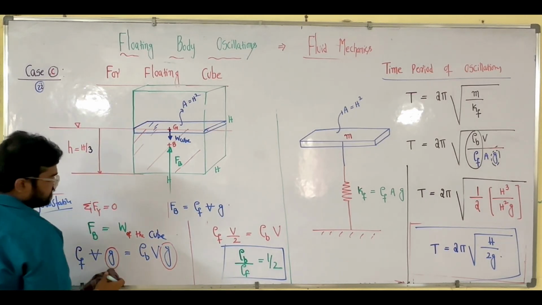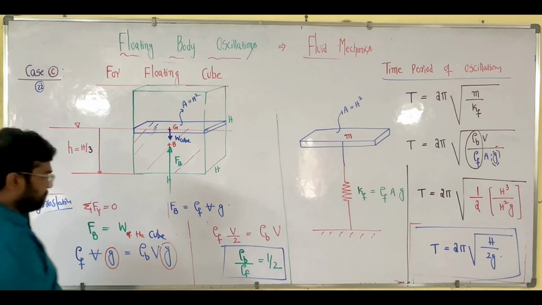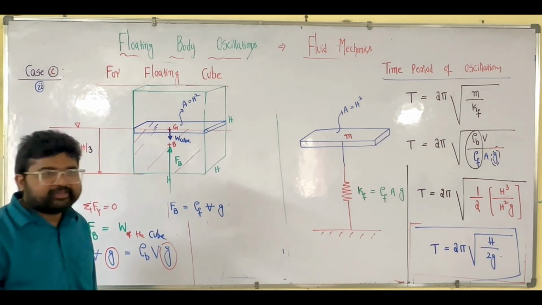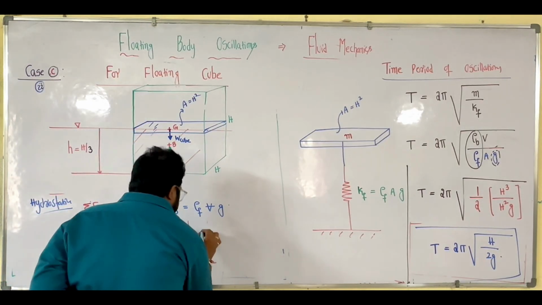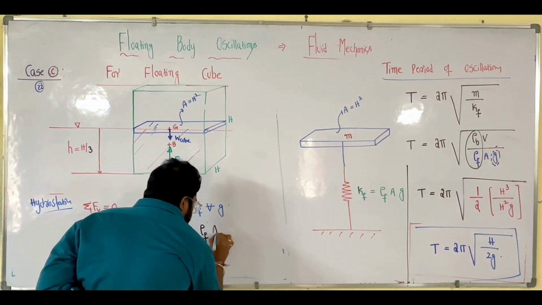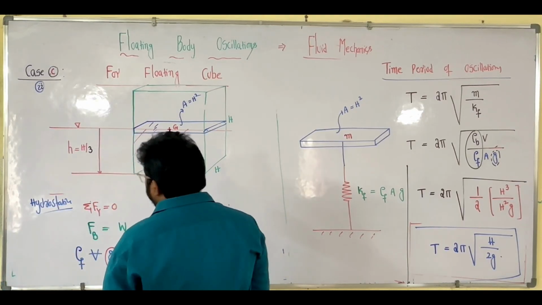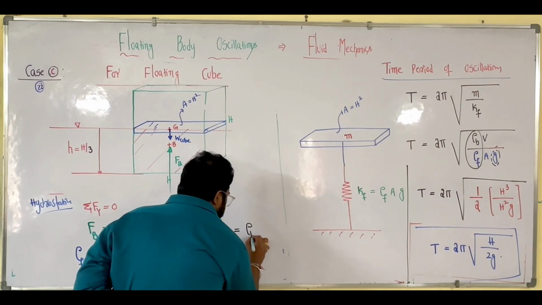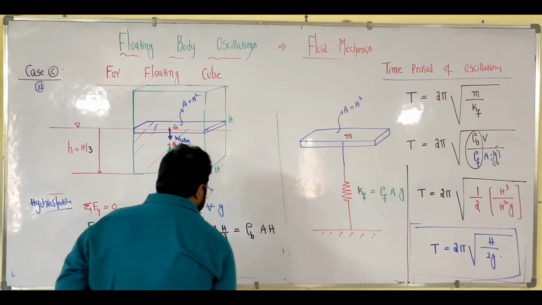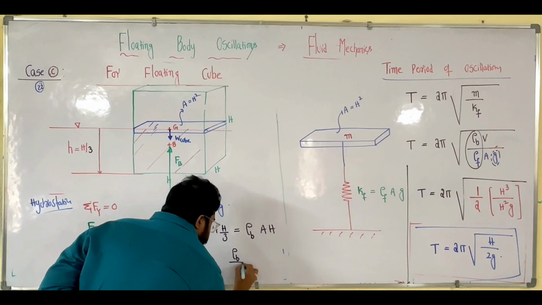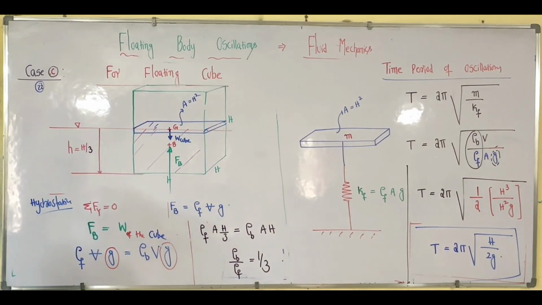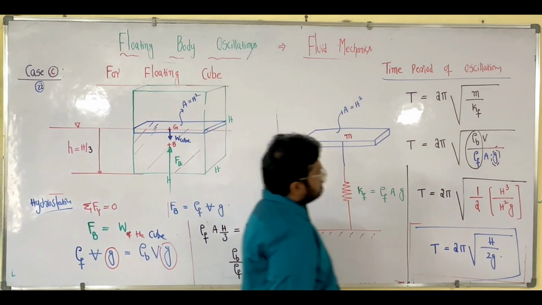Now density of the fluid into A into the volume of the fluid displaced, H by 3, equals density of the body into A into H. Density of the body by density of the fluid equals how much? 1 by 3 will come.